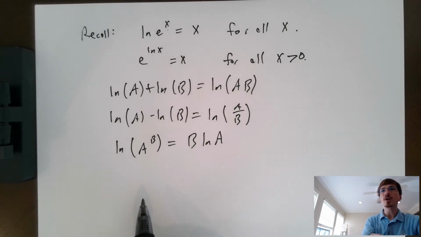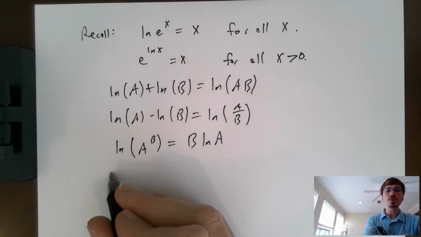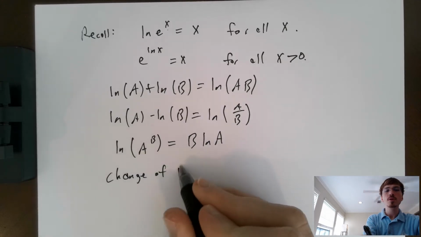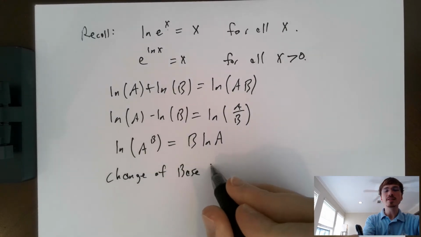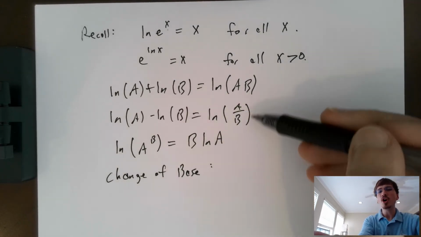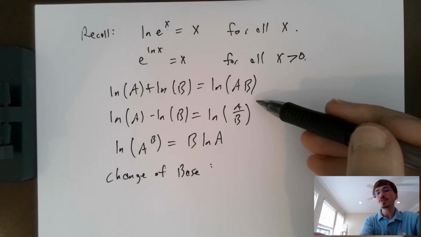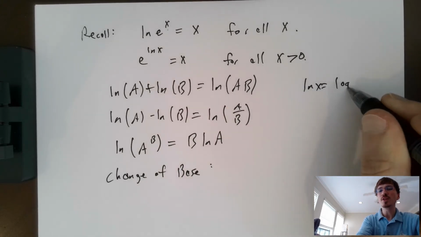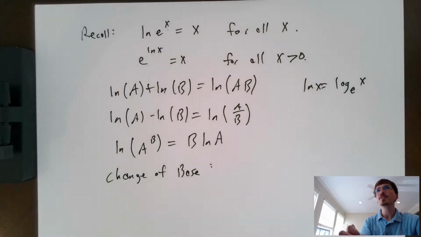And the last property is called the change of base property, which we will use. Before I state the change of base property, all of these properties hold for any base. And remember that the natural log of x is really log base e of x, yeah?